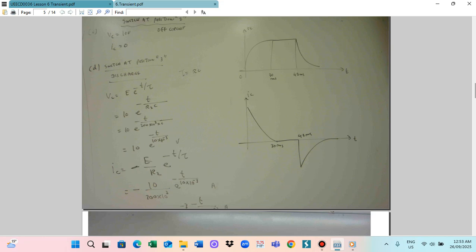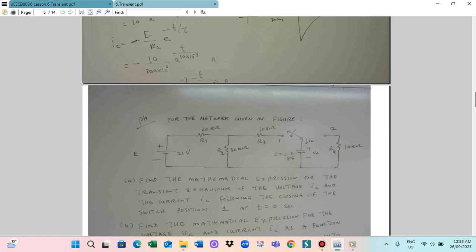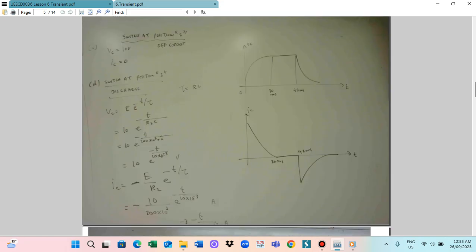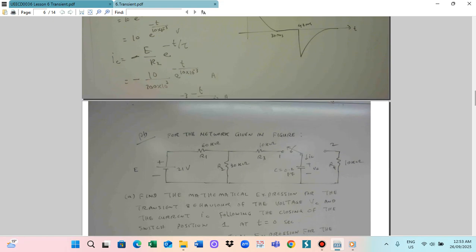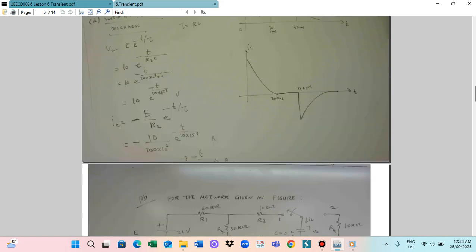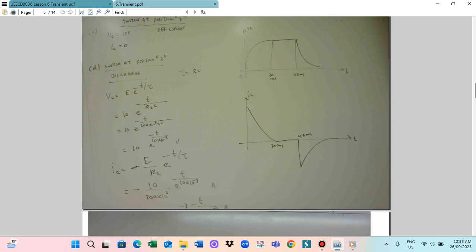When the switch goes to position 1, resistor R1 and the capacitor C are connected in series. Position 2 will be the off circuit. When the switch is connected to position 3, resistor R2 and the capacitor are connected in series.